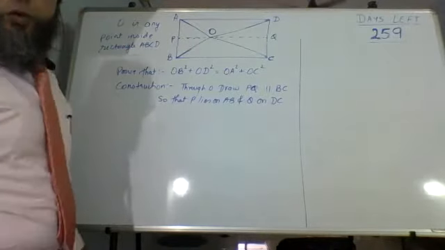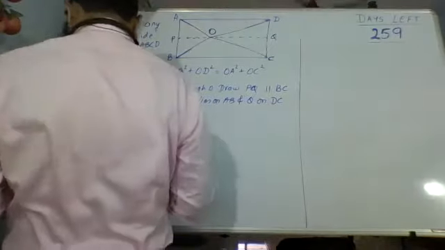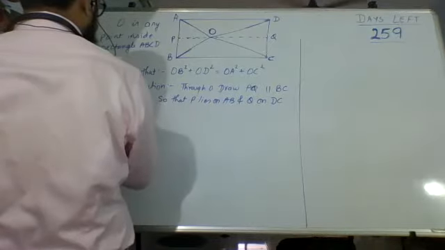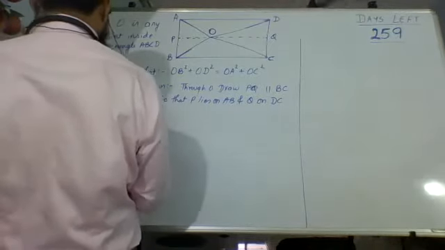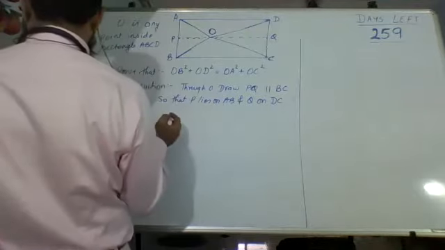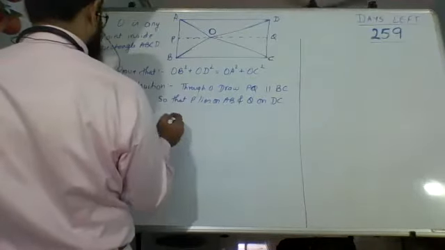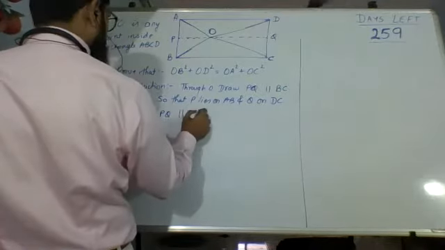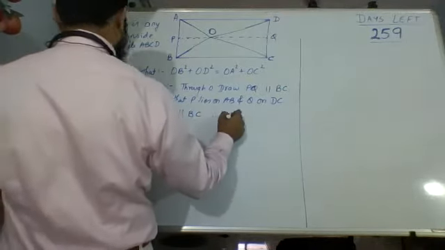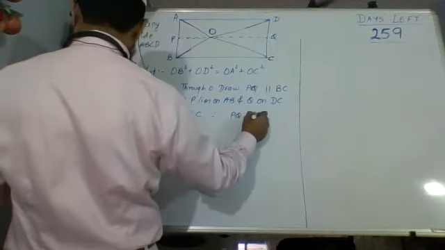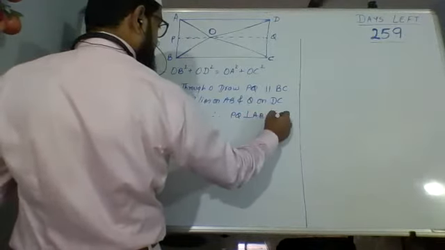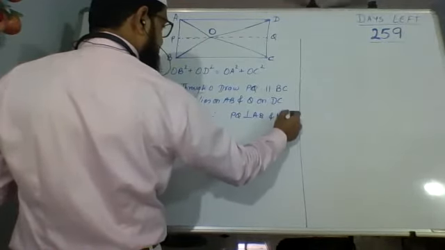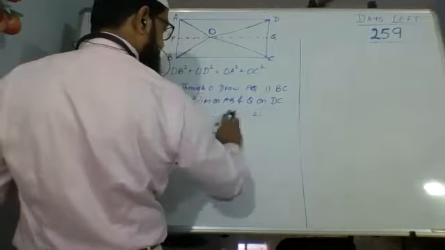So let's see how to go about this now. इसमें भी काफी सारी जगह लगेगी, so you'll have to keep on writing and I'll keep on erasing after that. PQ is parallel to BC.